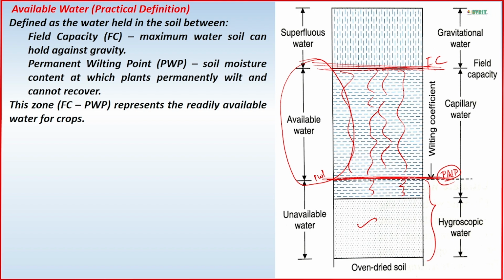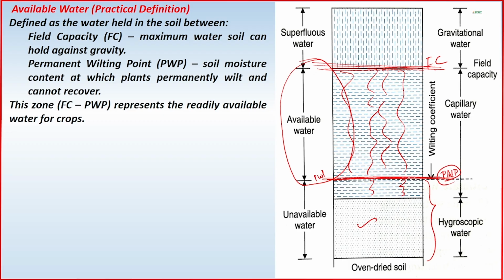That means the plant is not able to extract this capillary water at all. If the moisture level has come to this level, then there is no water available for the plant for growth. So automatically the plant starts wilting and dies after some time.